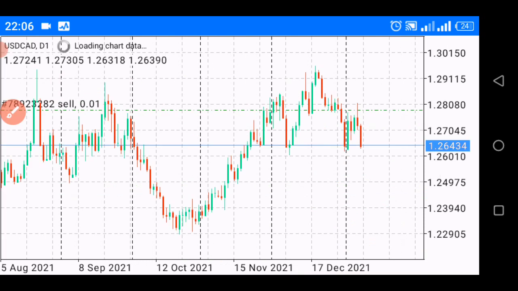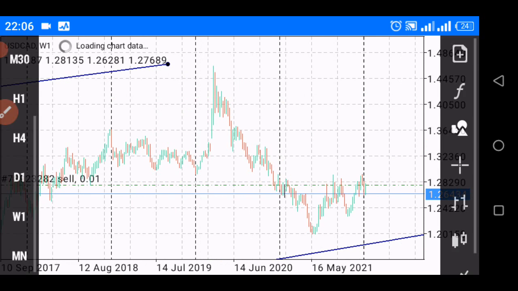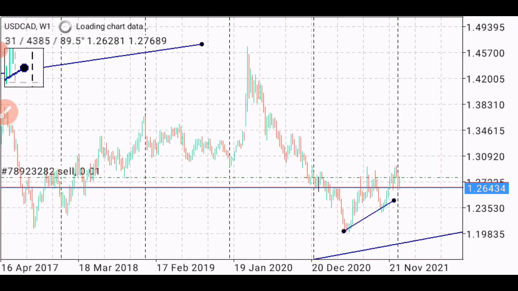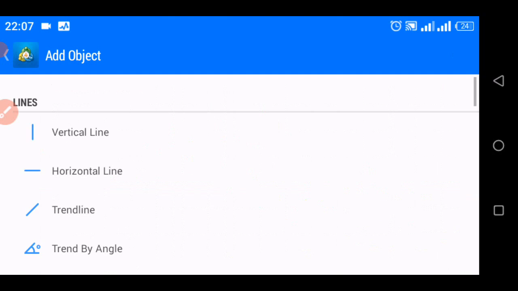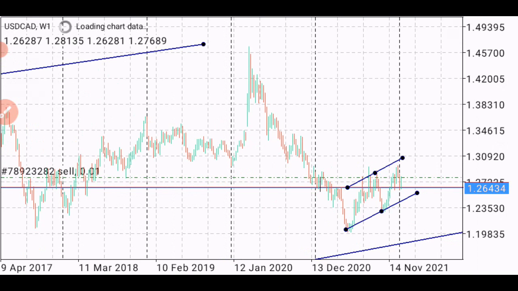And in the daily, in the weekly, we are having something like an ascending channel. Yes, we are having something like an ascending channel. But it's not really the perfect one, but yes, it's still an ascending channel.